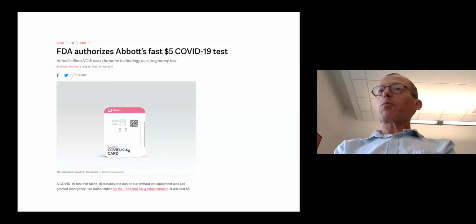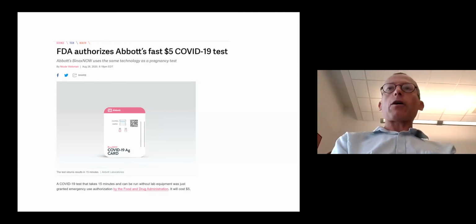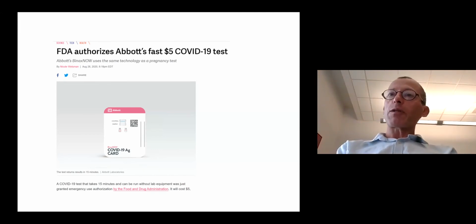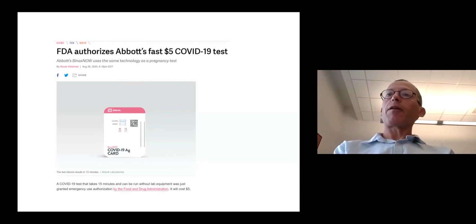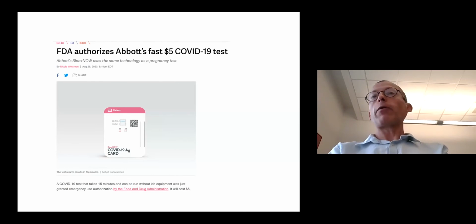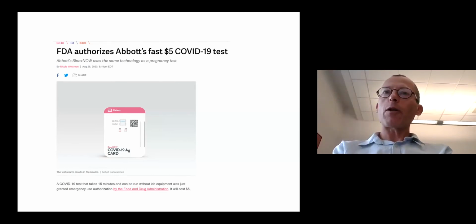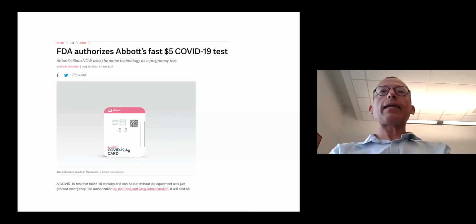The false positive is 1.5%, which doesn't seem like a lot, right? 98.5% of the time, it's correct in terms of positive. So this seems like a great test to administer very widely because it's very cheap and we can just run it through all the population. But a good question is, out of all the positive results that this test generates, how many of them are really positive? Let's say there's 1,000 positive results.